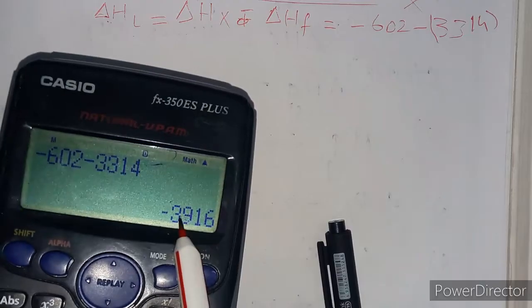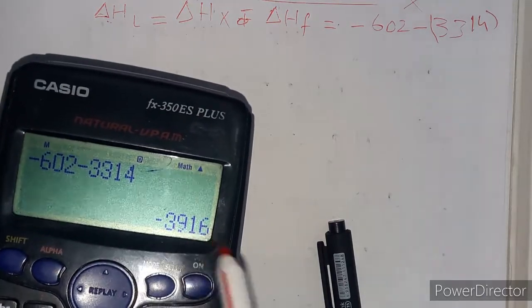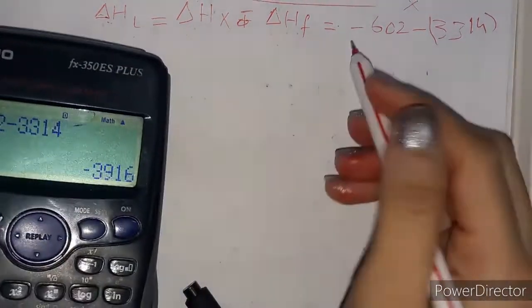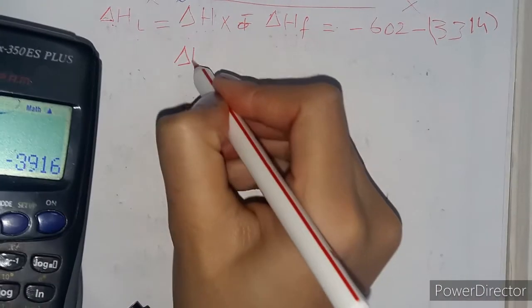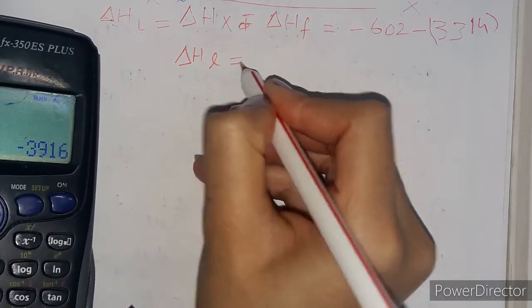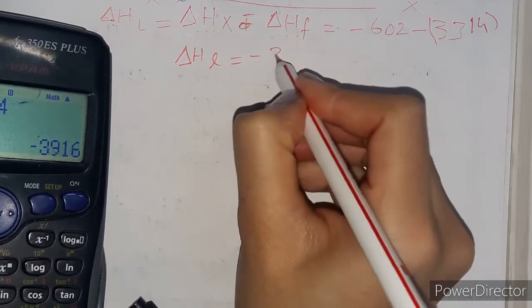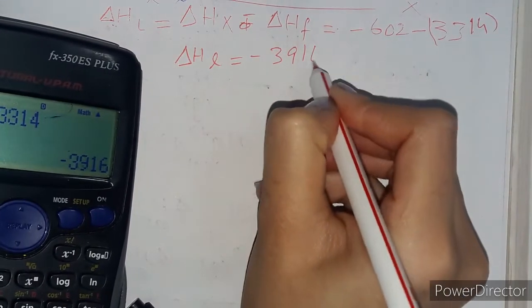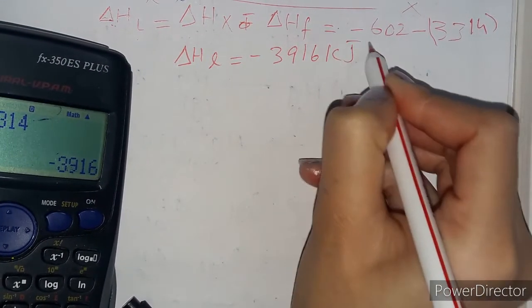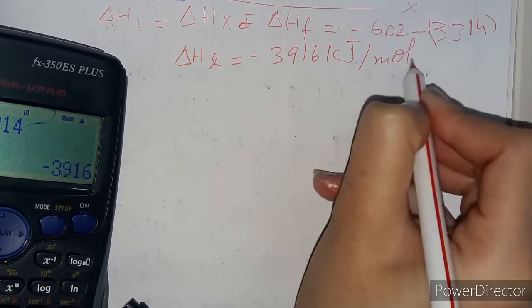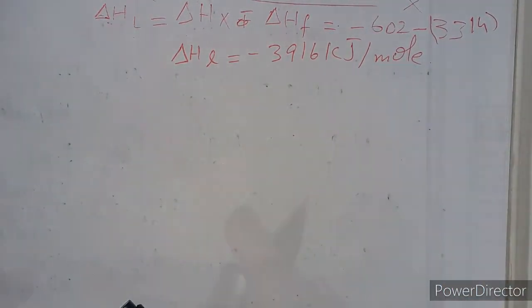So we get minus 3916. So ΔHL, the enthalpy for the lattice energy, is minus 3916 kilojoule per mole. Now the main thing is to draw the Born-Haber cycle.